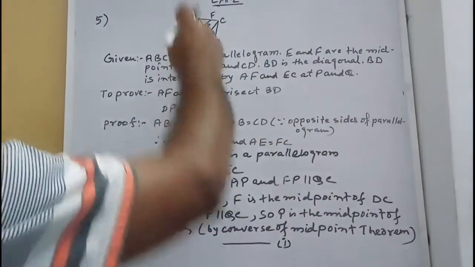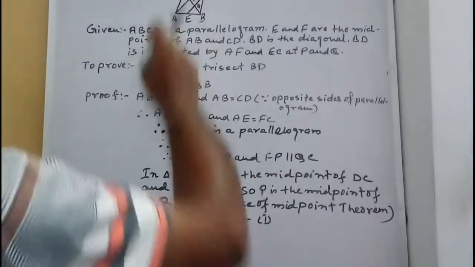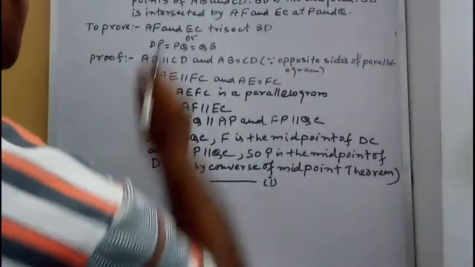Next, as we took the triangle DQC, now you take the triangle ABP.